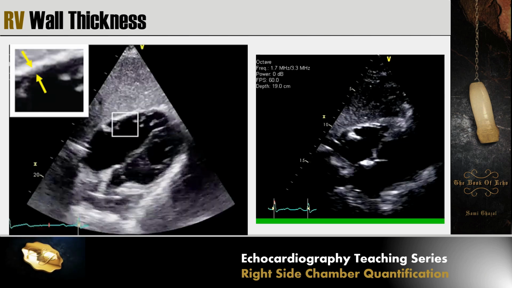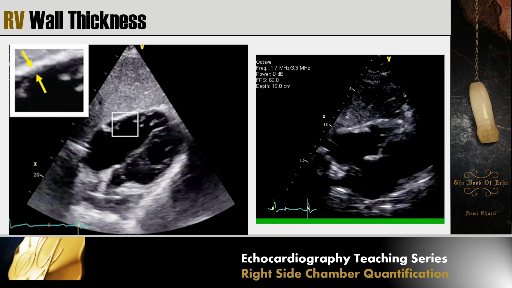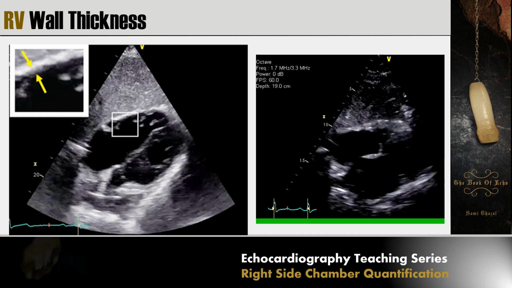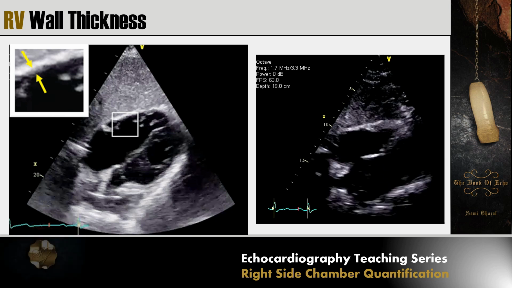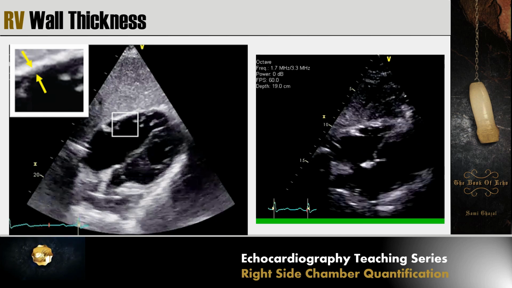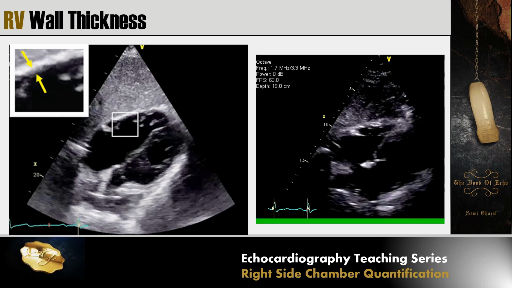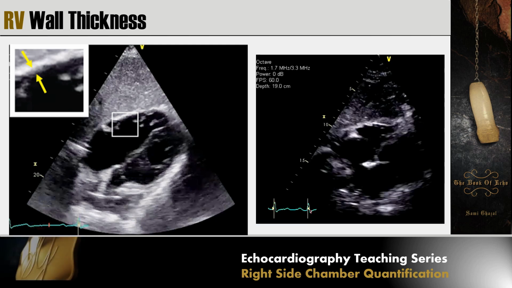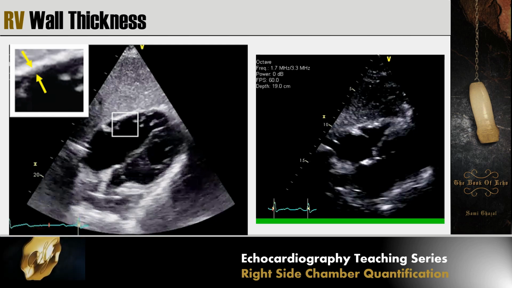So before we leave the linear measurements, we have to talk about the RV wall thickness measurements, because it will determine whether the RV is hypertrophied or not. And the way to measure it is again by a linear method. It can be measured in parasternal long axis. However, the subcostal view is the preferred view.